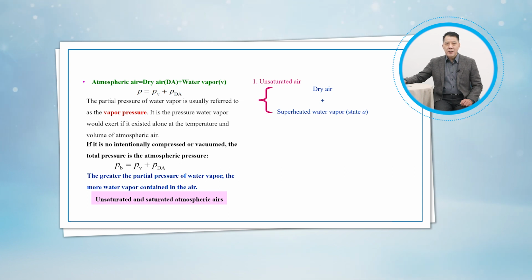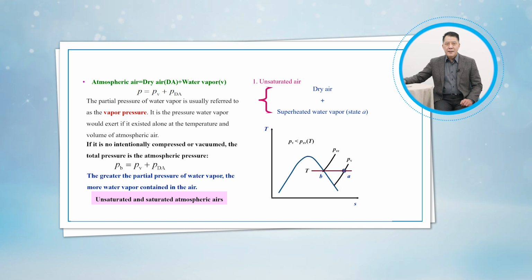Firstly, let's talk about the unsaturated atmospheric air. For the unsaturated atmospheric air, the vapor in the air is in the superheated state as shown in figures 7.1 and 7.2.